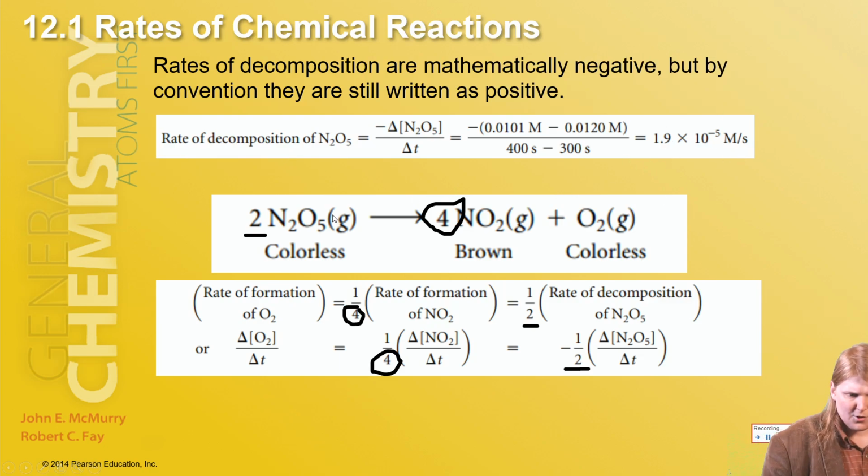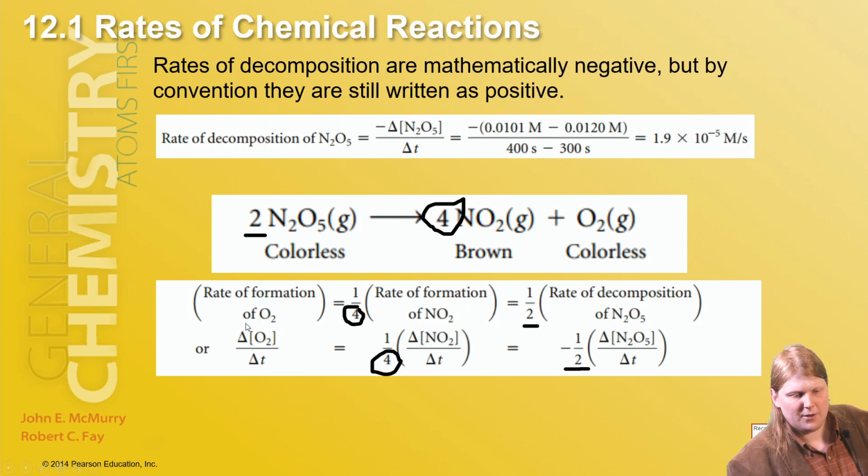Okay, so also what I want to show here is that the rates are related. If we have some rate of decomposition or formation of something, then the other rates relating to the other reactants and products are related stoichiometrically to the rate we base this on. So if we base this on, say, the rate of formation of O2, which has a coefficient of 1 in the balanced equation, then if we want to find the rate of formation of something else, well, this would be faster.